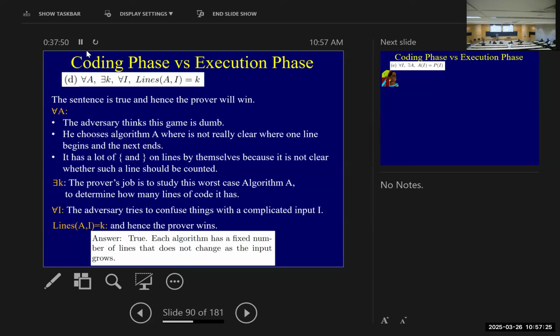Before we were saying there exists an algorithm, right? Before we said for all K, there exists an algorithm. And before we were saying there exists an algorithm and there exists a K, right? But we've never said for all algorithms, right?